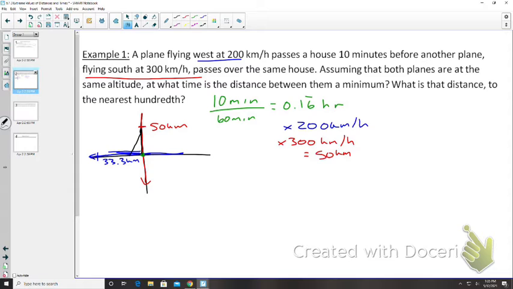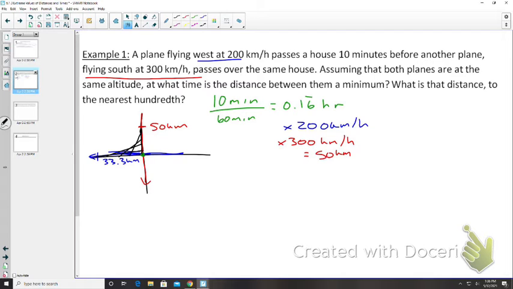So we're just trying to find the rate of change, which gives us the smallest distance. Again, we know that initially the plane flying south, the red plane, is 50 kilometers north of our greenhouse.